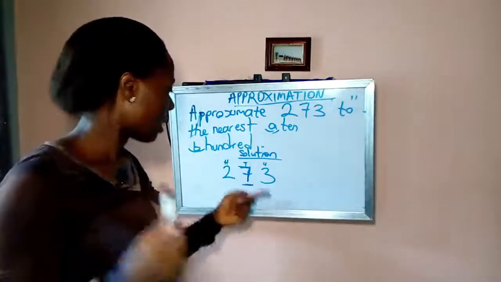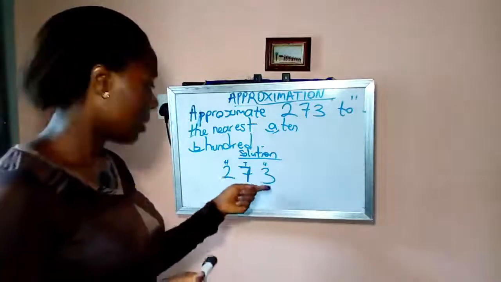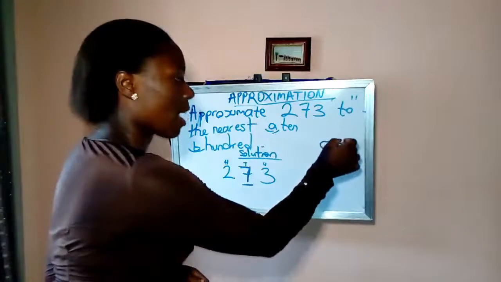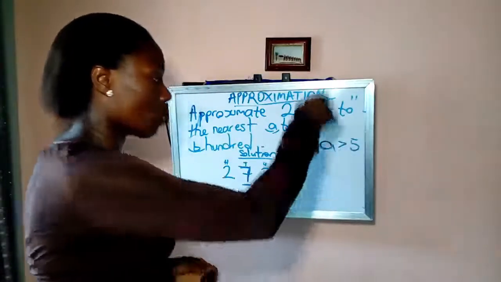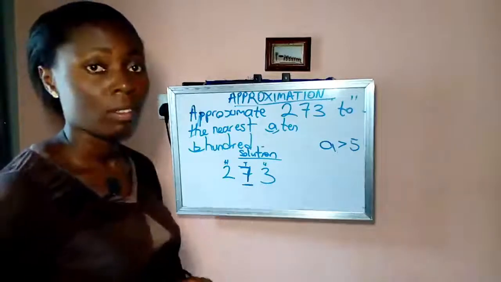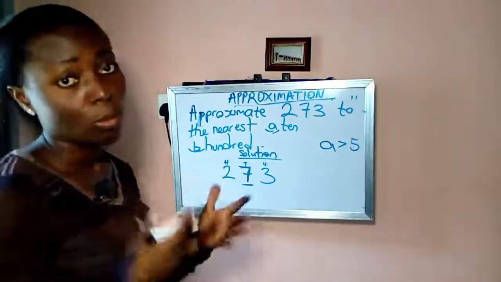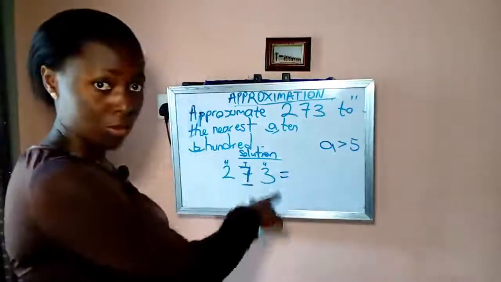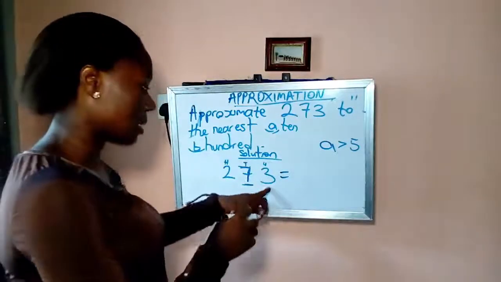The number behind it is 3. And remember, our rule says if the number behind the required one is greater than 5, we round up. But as you can see, it's less than 5. So there's no need for rounding up to 1 and adding. We'll simply round this 3 down to 0.